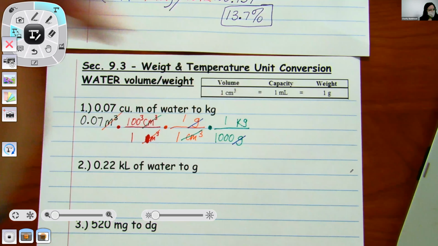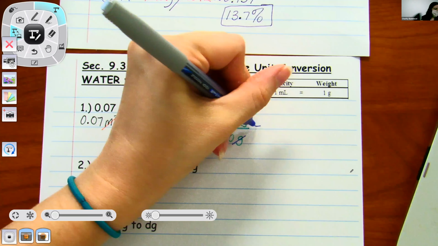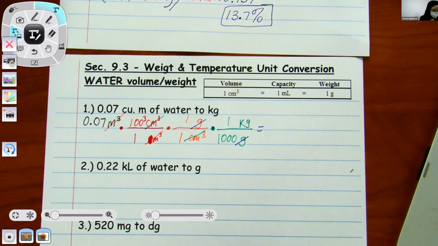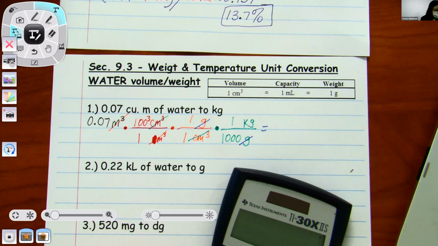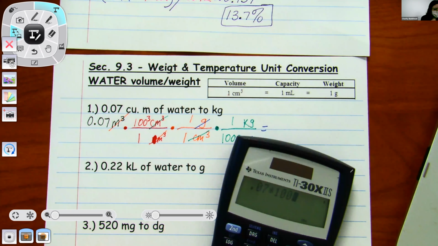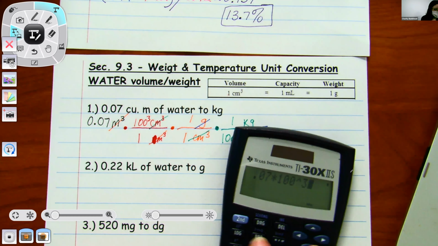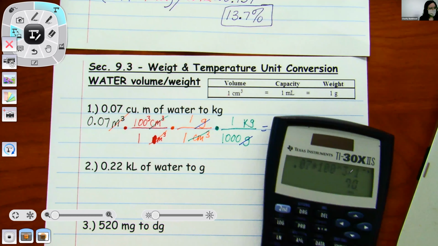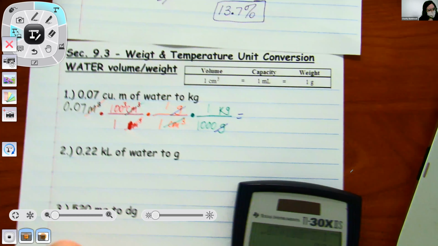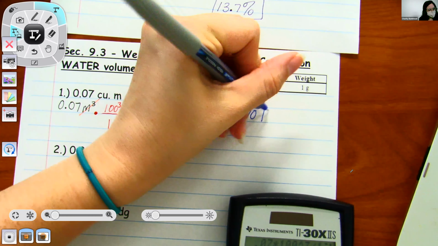So I'm going to multiply 0.07 times 100 to the third power, and then divide that by 1,000. That equals 70. So 70 kilograms of water.